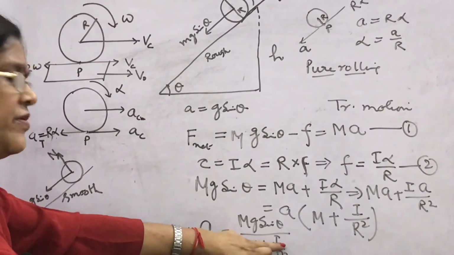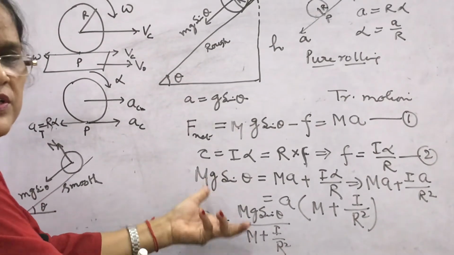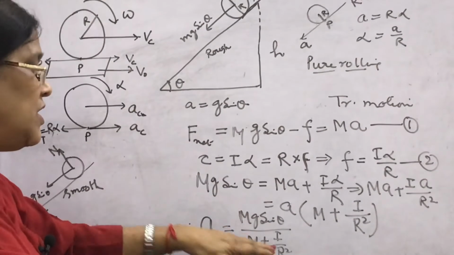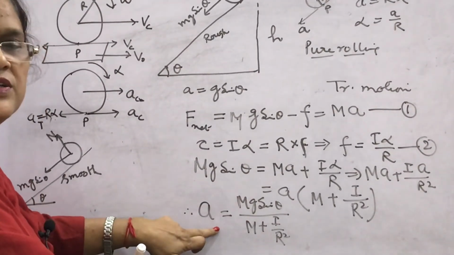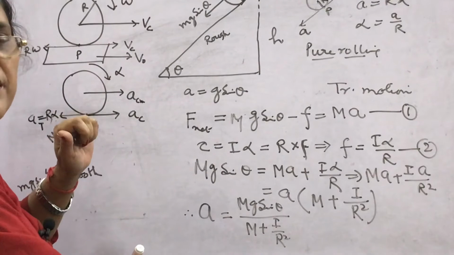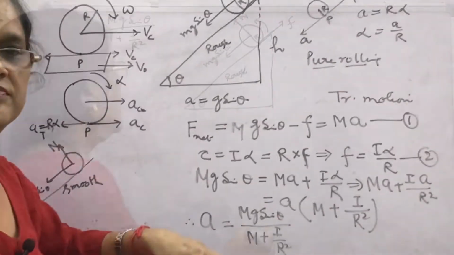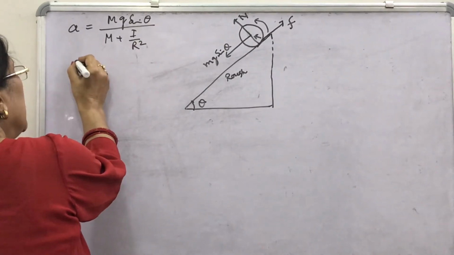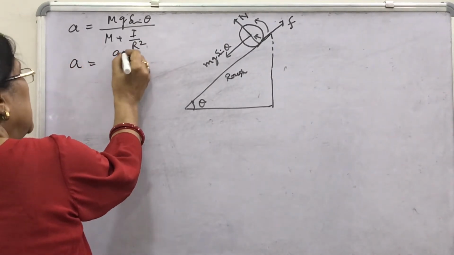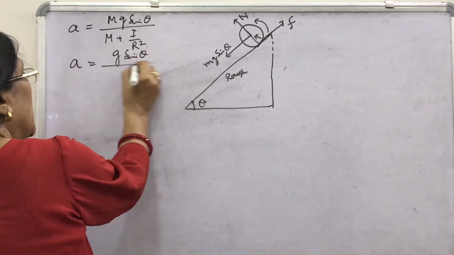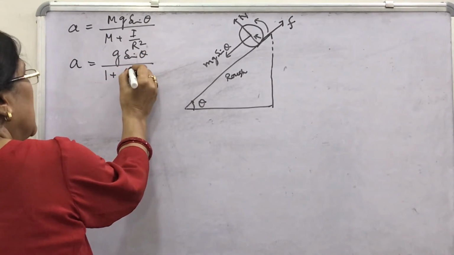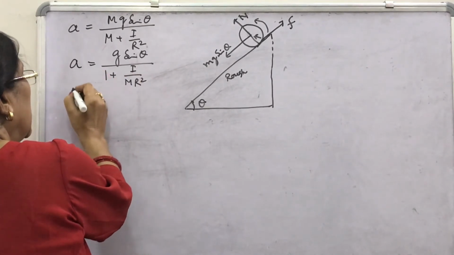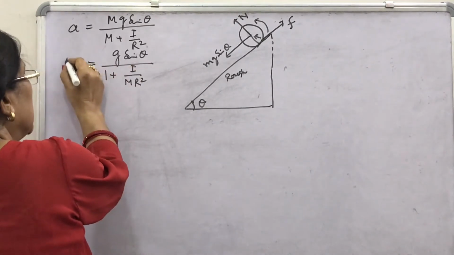If you put the value of I for the rolling object, for the cylinder, for the disc, different values of I along the axis of rotation, you will find the acceleration on the inclined plane. Now in this expression for acceleration, if you divide by m, you will get this acceleration g sine theta upon 1 plus I upon mr square. So this is the expression for acceleration.